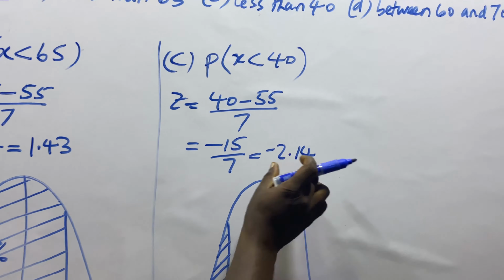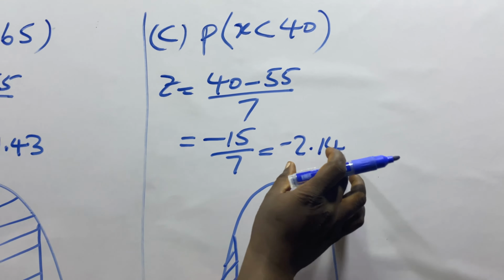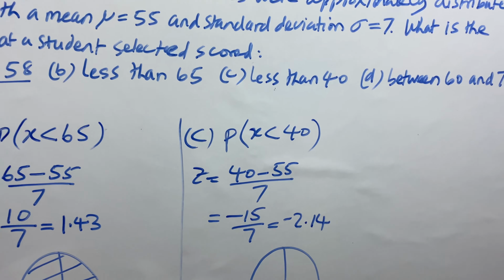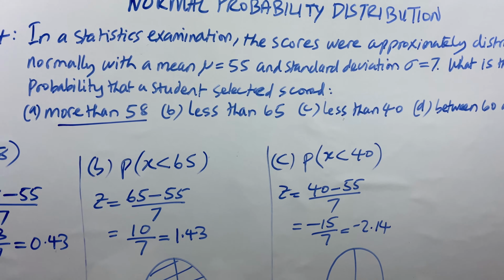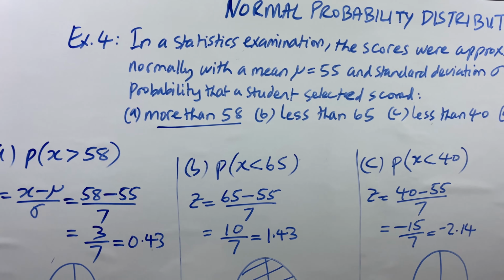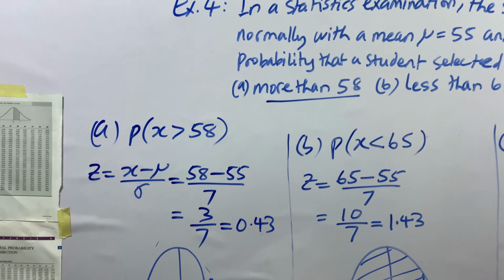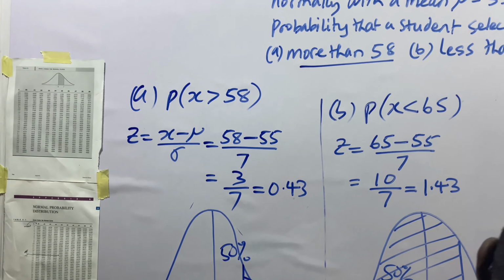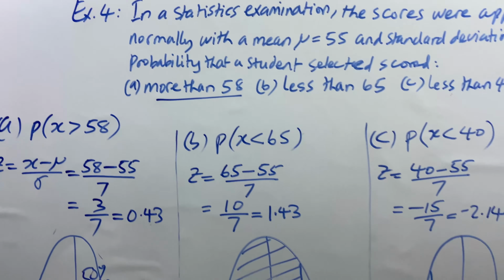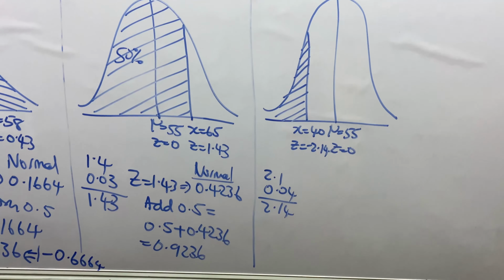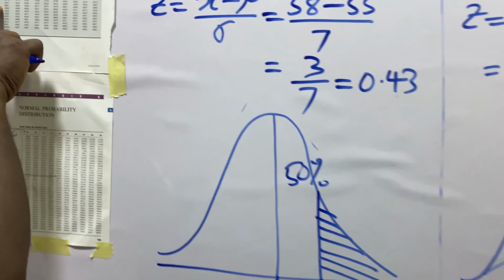Again, what are we looking for in the normal table? We're looking for 2.14. We have to look for 2.1 under 0.04. So that will give us 2.14. Let's go to our table now and see what we have. Please follow me. We have 2.1, and then under 0.04, this is 0.04.